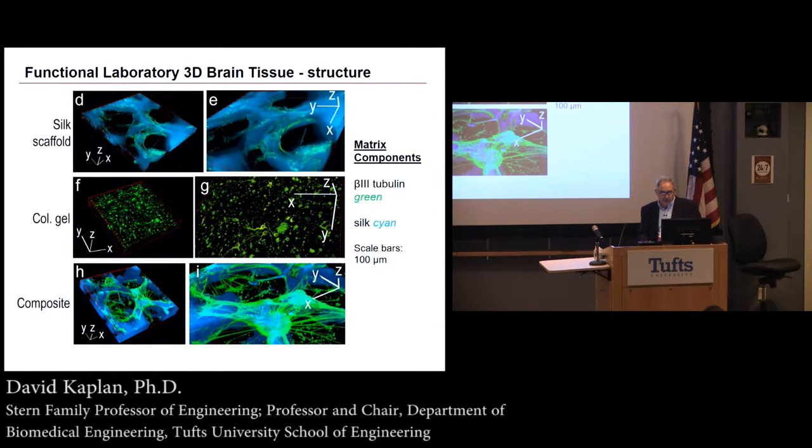And I always like to use this slide because it's instructive of how you have to optimize the matrix you're going to use. If we only use that outer porous sponge for these models, we get really nice cell growth around the rims of the sponge, around the porous domains, but you don't see axons really projecting into the center regions where there's no solid substrate to hold on to.